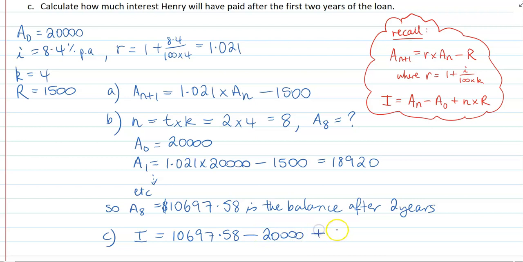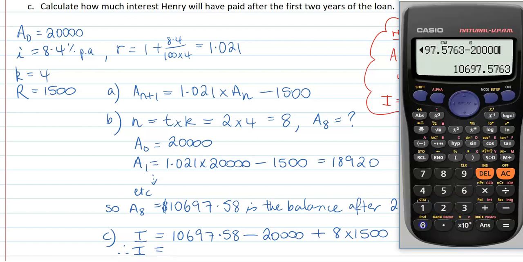And I'm adding on the fact that there were 8 repayments of $1,500. Chuck that into my calculator. And this means that he's paid total interest to the bank of $2,697.58.